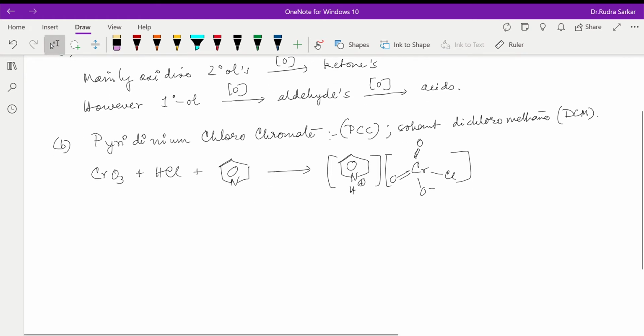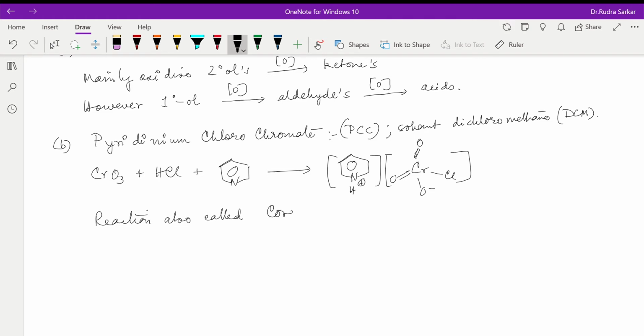The structure of this particular anionic moiety is tetrahedral. The reaction is also called Suggs oxidation.